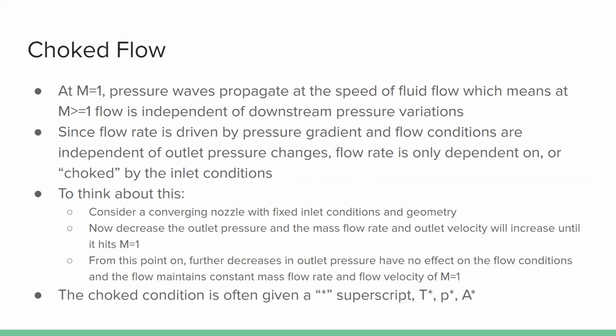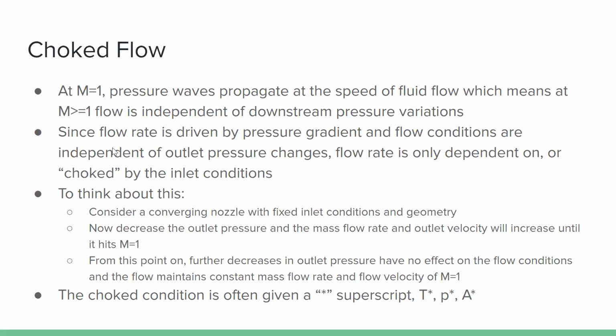So the fluid is flowing at the same speed that pressure waves are flowing through it. So once you get to Mach 1, any variations in pressure can't travel back up the flow and affect the flow upstream in the nozzle.